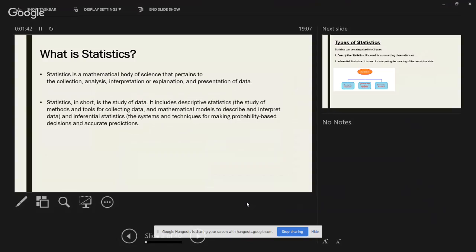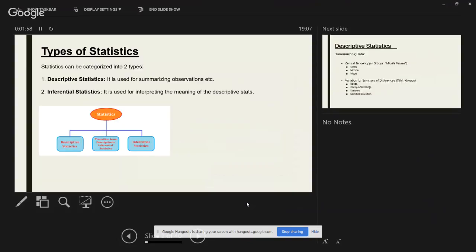It includes descriptive statistics and inferential statistics. And descriptive statistics is basically the study of methods and tools for collecting data and mathematical models to describe and interpret the data. As I just said, there are two types of statistics: one is descriptive statistics, and another is inferential statistics.